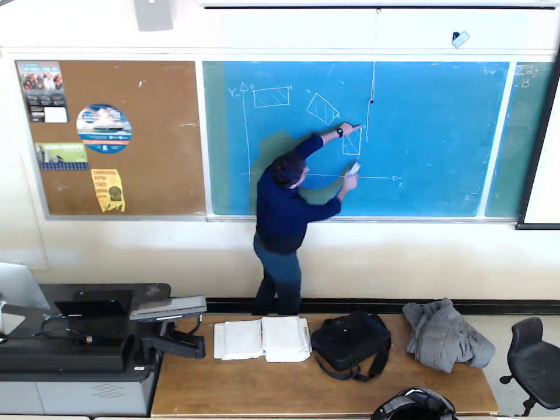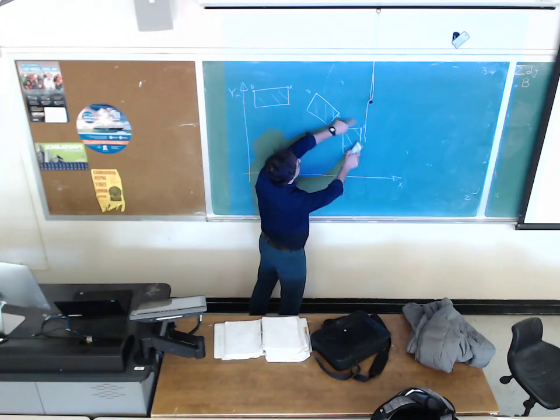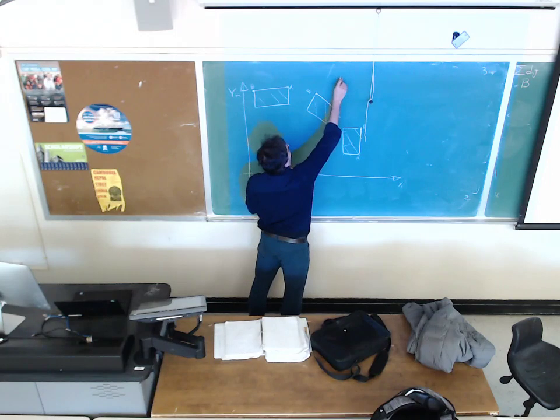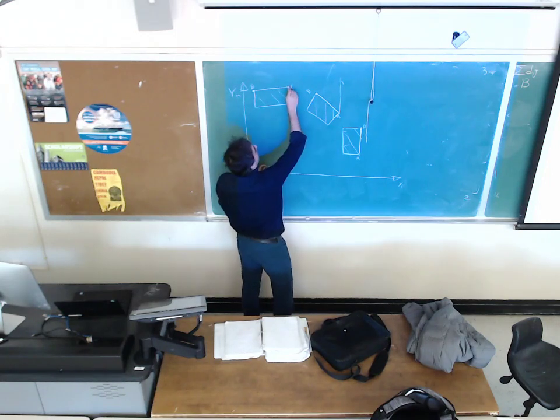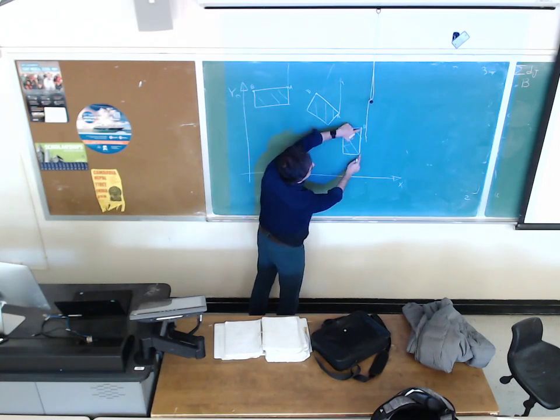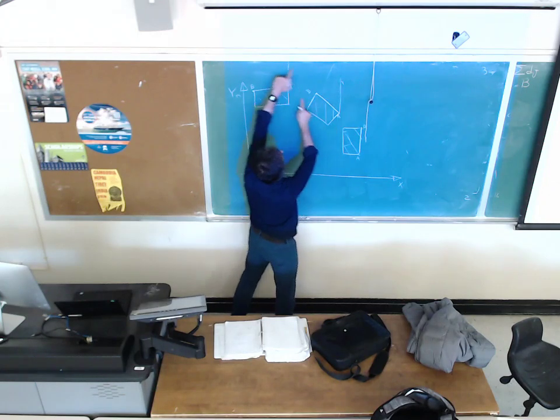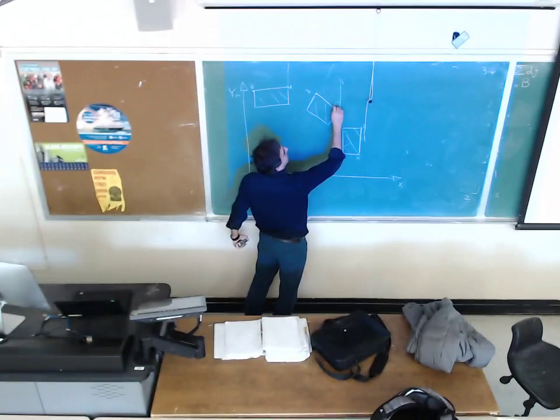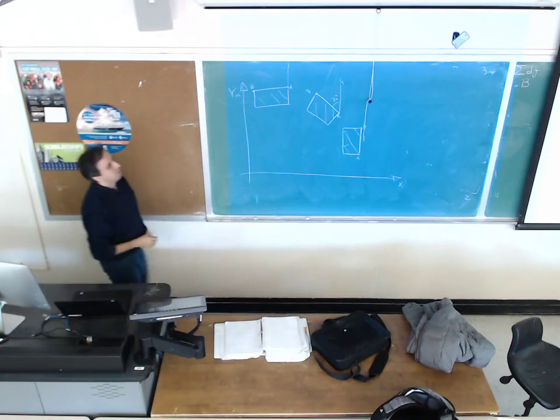And the rotation of this line from this position to this position, I have this line, I move it here, then I move it there. So this line has been rotated by the angle of 30 degrees, for example.